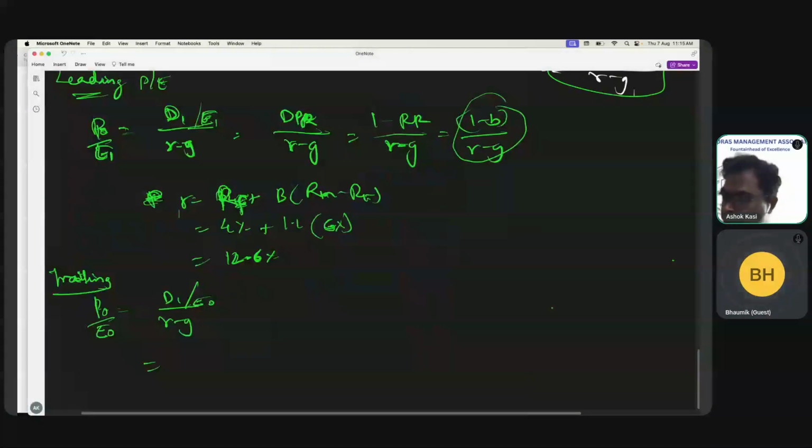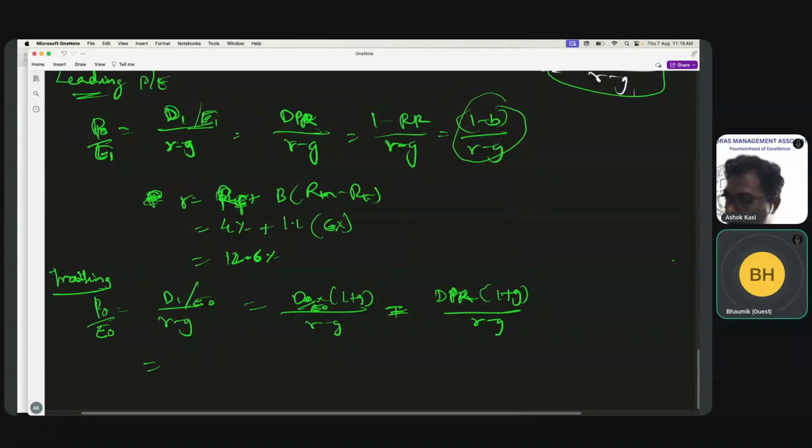D1 is D0 into 1 plus G divided by R minus G. Or if you want, you can directly write everything also: D0 by E0, the dividend payout ratio, into 1 plus growth is equal to 1 minus retention ratio, which I'll write as B.